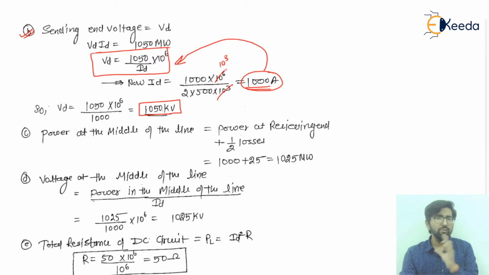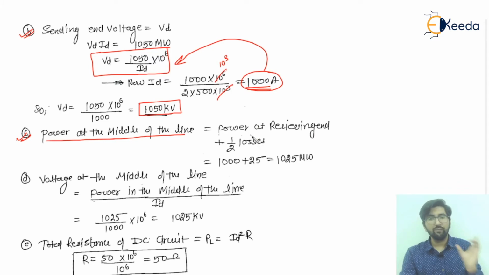Now we will move to point number C, that is the power at the middle of the line. What will be the power at the middle of the line? The power at the receiving end plus 1/2 losses.